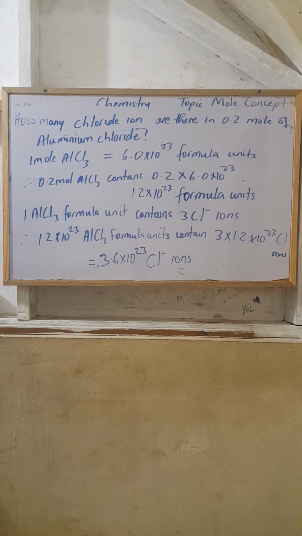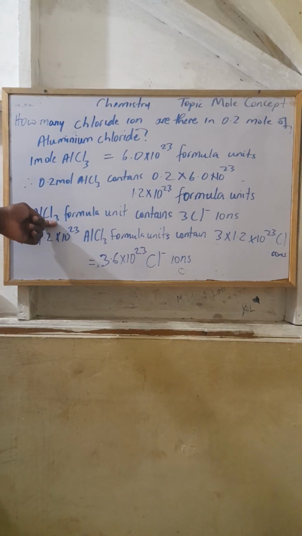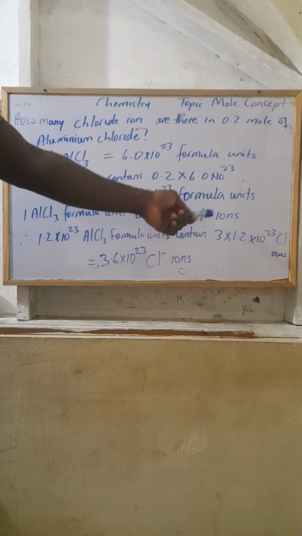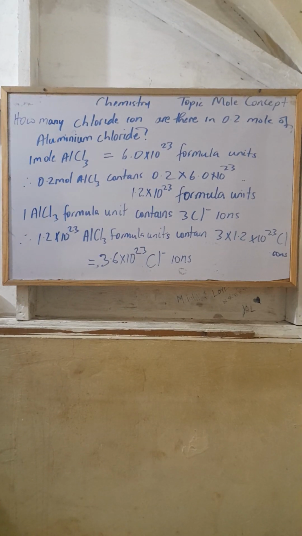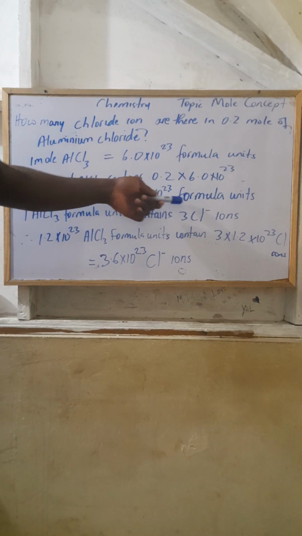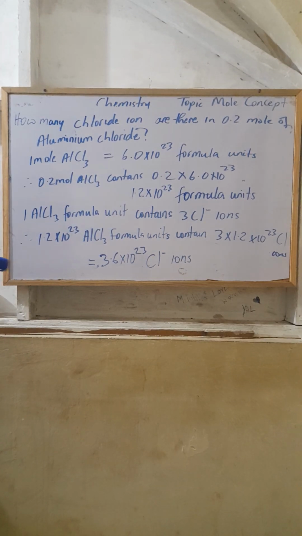Now, within one aluminum chloride formula unit, as you can see, there are 3 chloride ions. How many chloride ions are there? 3 chloride ions. Now, 1.2 times 10 to the 23 aluminum chloride formula unit was calculated to be in 0.2 moles of aluminum chloride.